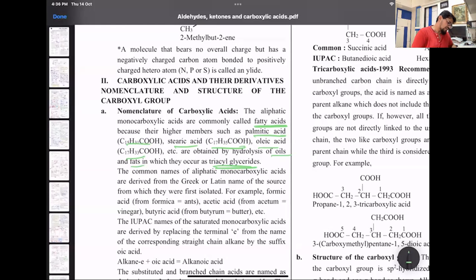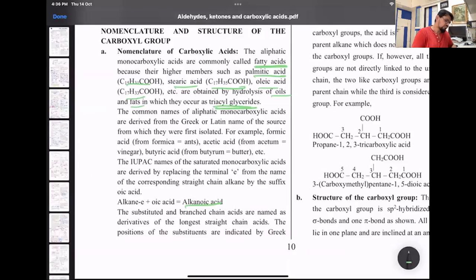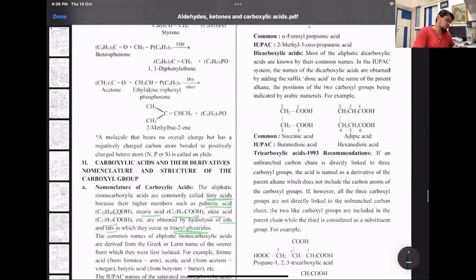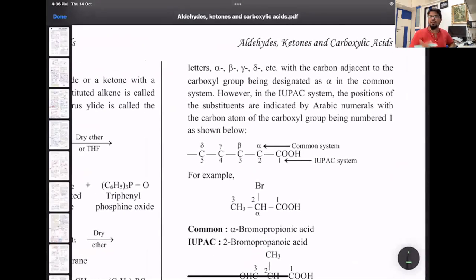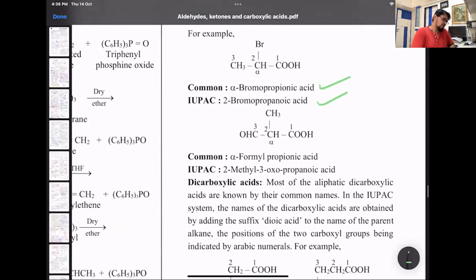And in IUPAC we call them alkanoic acids. The COOH carbon is generally at position 1. So look at the naming part over there. And we also have the trivial system, that's alpha, beta, gamma, delta, how we call. So alpha-bromopropionic acid or 2-bromopropanoic acid, or alpha-formyl. Formyl is for CHO.